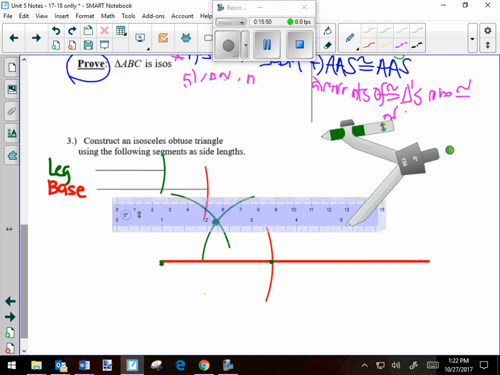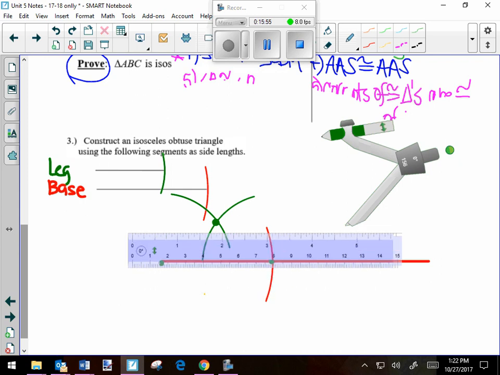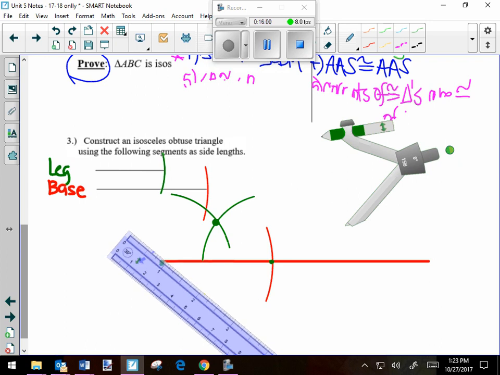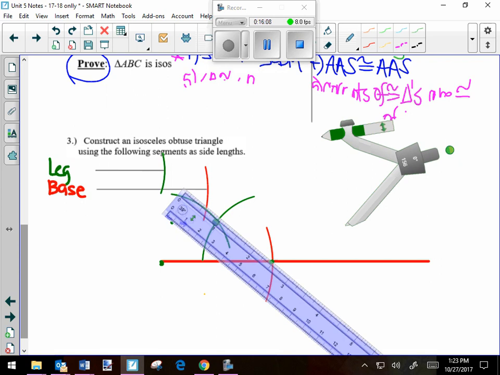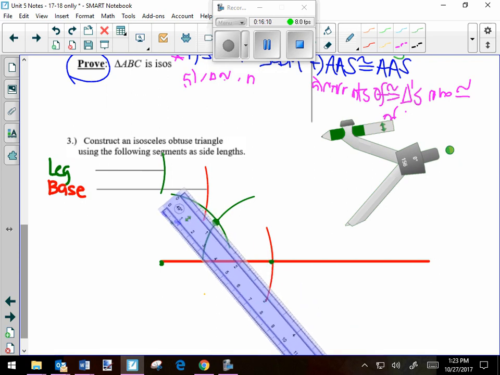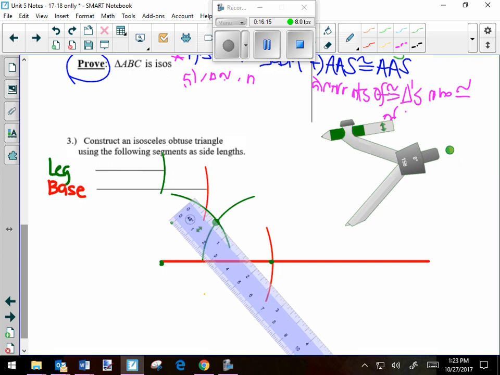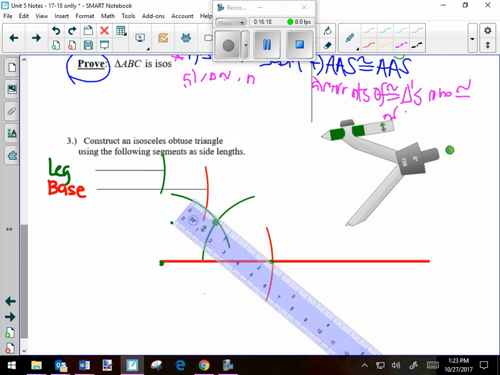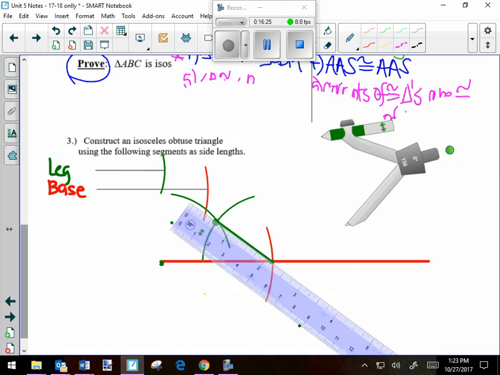So I'm going to take my ruler. I want to line it up over here so I can get this one. No, that does not want to work right. Draw this in, swing it around.